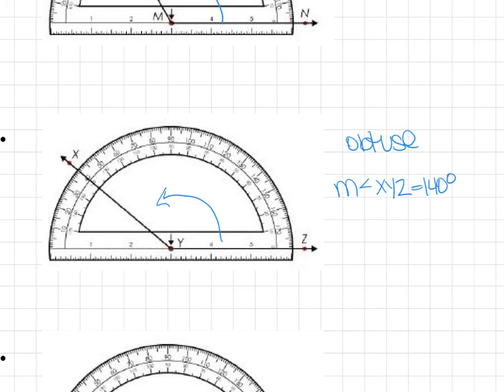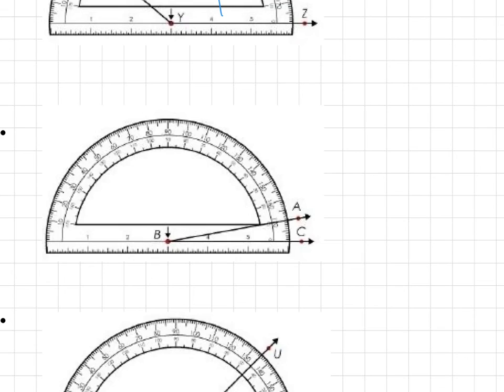Okay, let's look at the next one. So this one I can see is less than 90 degrees. So I'm going to say that this one is acute. And I'm going to call this one angle ABC. So the measure of angle ABC is going to be 10 degrees.